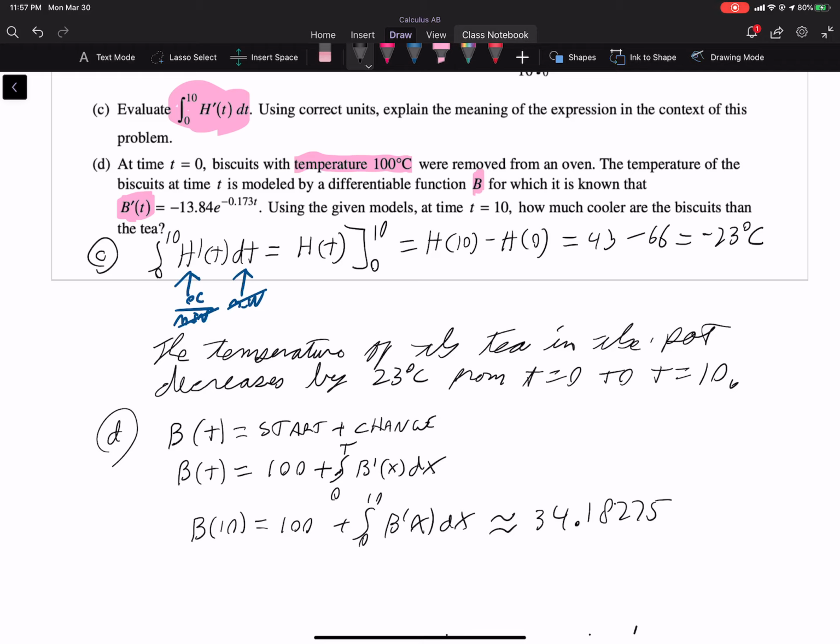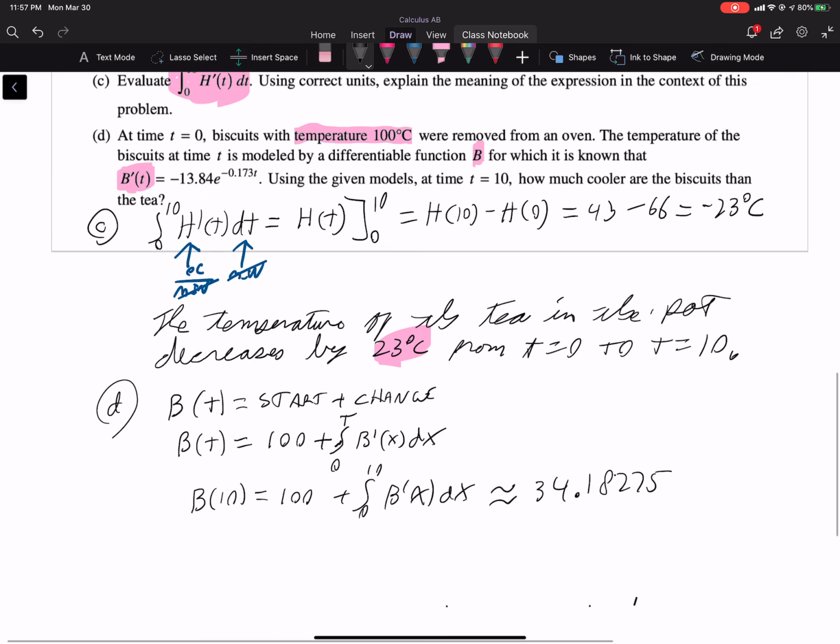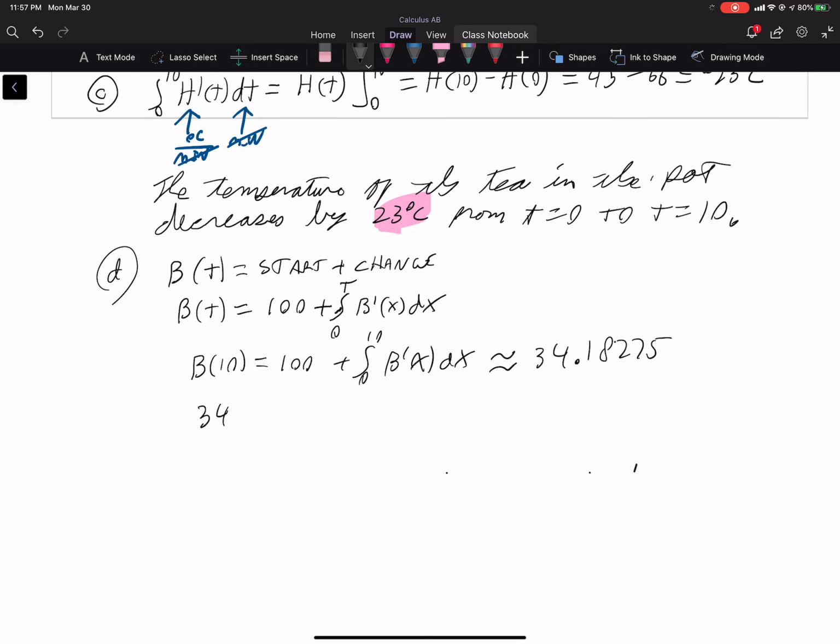We found the temperature of the tea, so you want to find the difference between those two. Since the biscuits are hotter at 34, and the question asks how much cooler are the biscuits, we just subtract. So now we're going to do 34.18275 minus 23, and that's going to be 11.